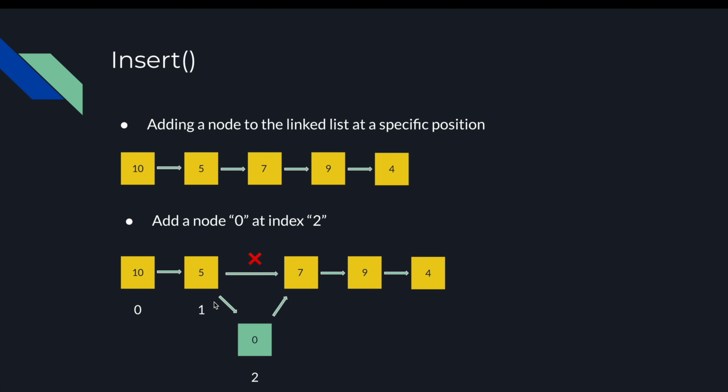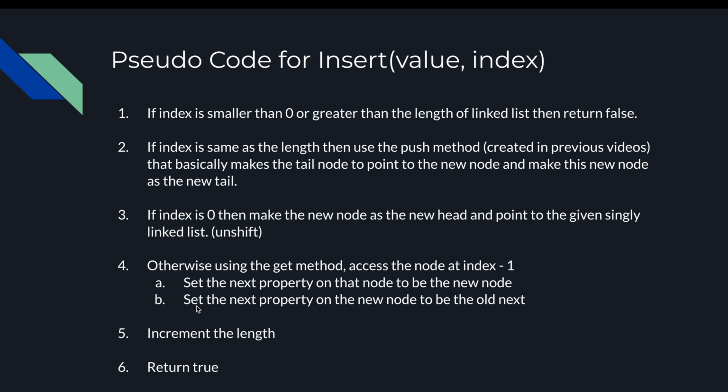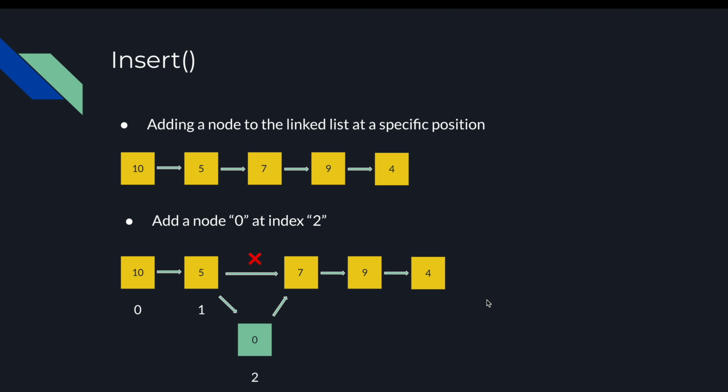Same thing which we handled here, where node 5 is now pointing to the new node, and set the next property on the new node to be the old next, meaning this new node will point to the node which was actually present at that index before adding the new node, so the chain doesn't break and the rest of the linked list remains unchanged.